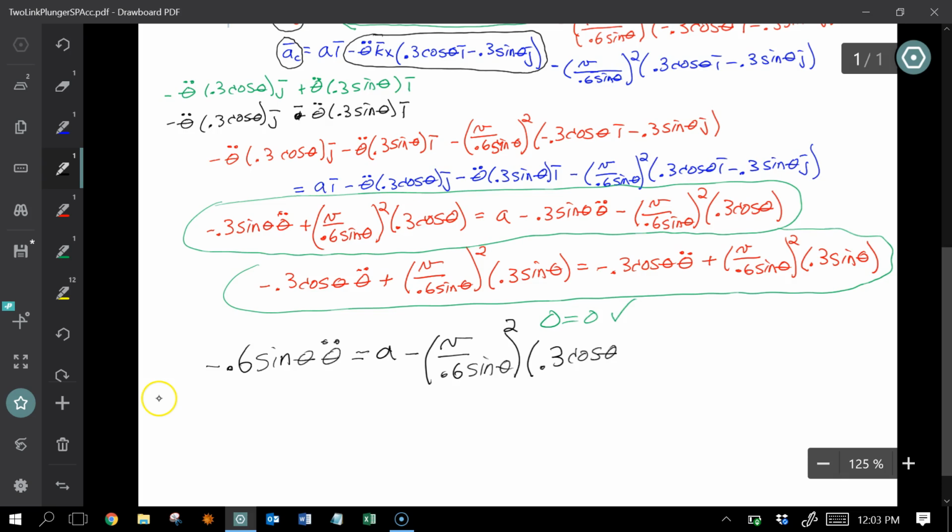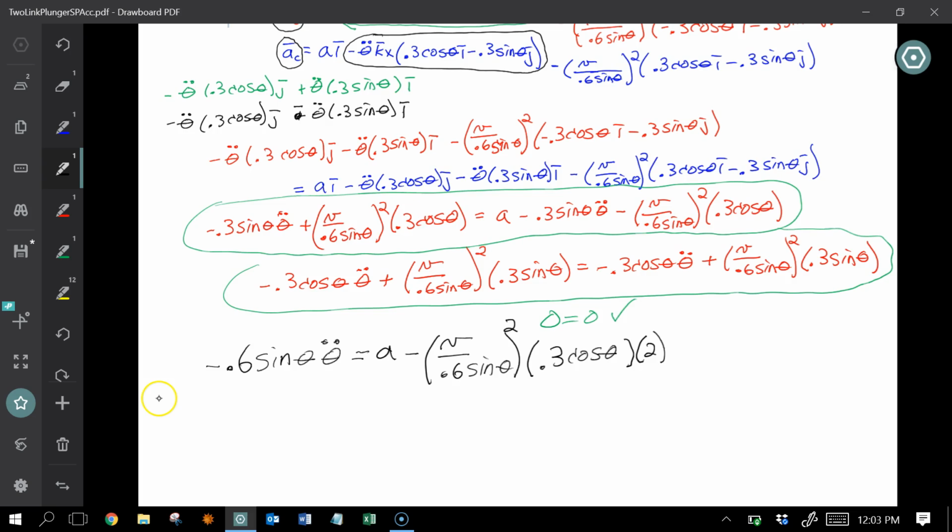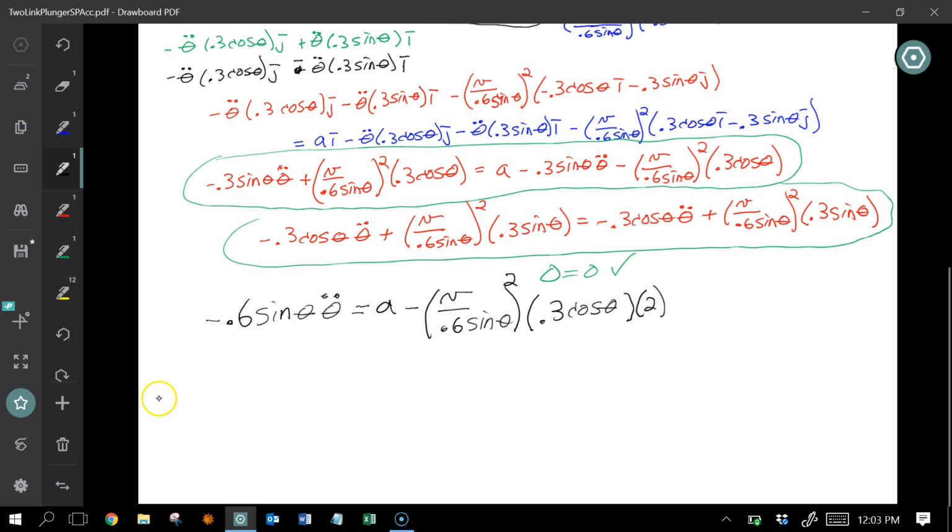And I have another one of those, so there are two of those. And that's it. So solve for theta double dot.